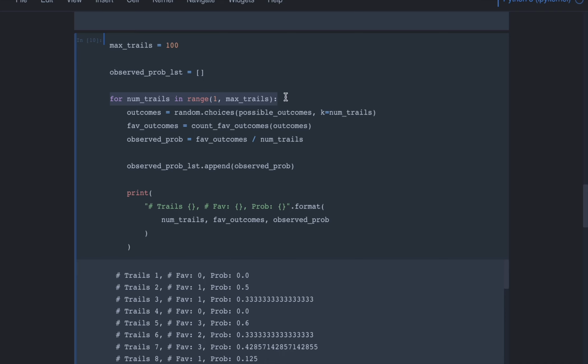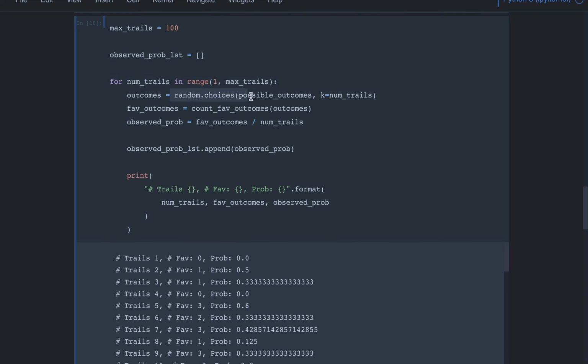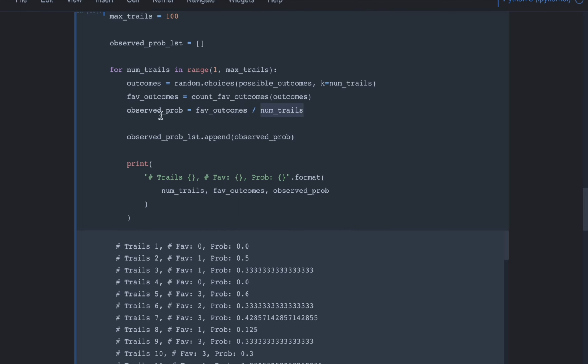Here we are just conducting the experiments from 1 to the maximum number of trials, and then using the random choice function, we are mimicking the rolling of the dice. This returns the outcomes, which we pass to this count favorable outcomes function, and the observed probability is the favorable outcomes divided by the number of trials. This observed probability is for this particular number of trials, and then we store it in a list.